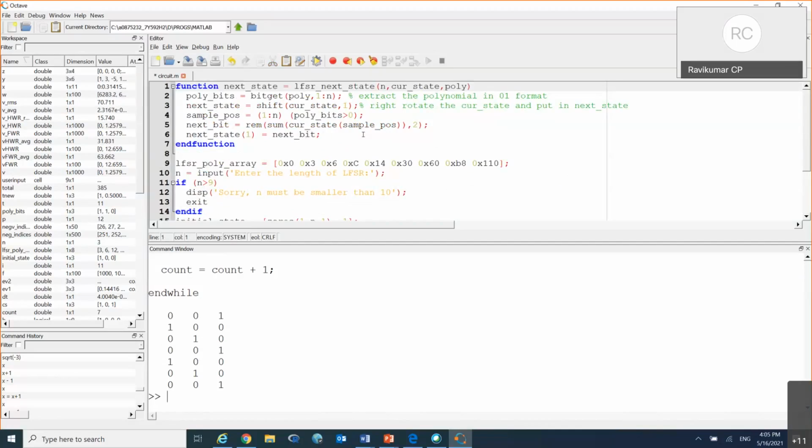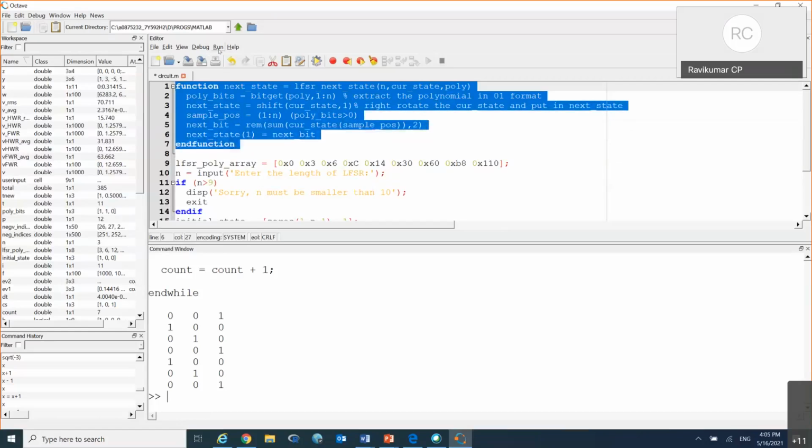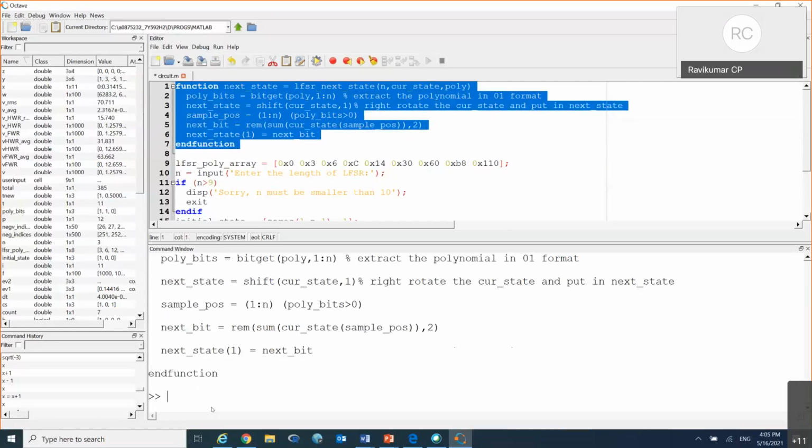So let us do one more time. What is the problem? The problem is with the LFSR next state. I think it is 0, 1, 0, is it? 0, 1, 0.